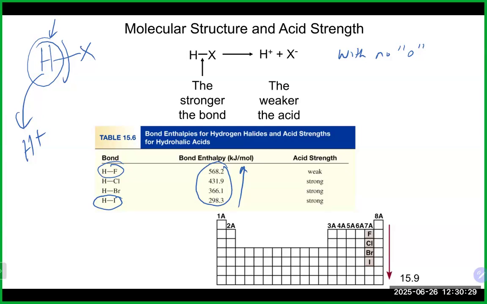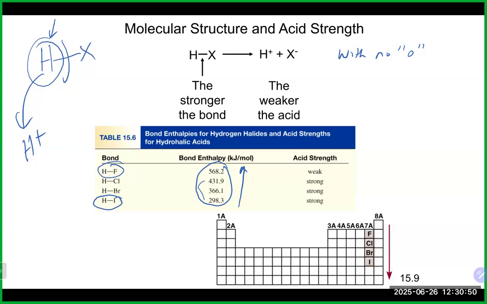So HCl, HBr, HI, those are strong acids. It doesn't take as much energy to release that H plus, so they're able to do it a lot easier. HF is a weaker acid because it has met that kind of energy threshold where it's not as easy to release that hydrogen. It's not going to release as much.